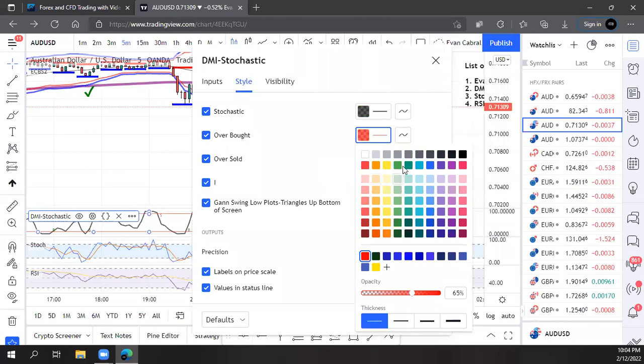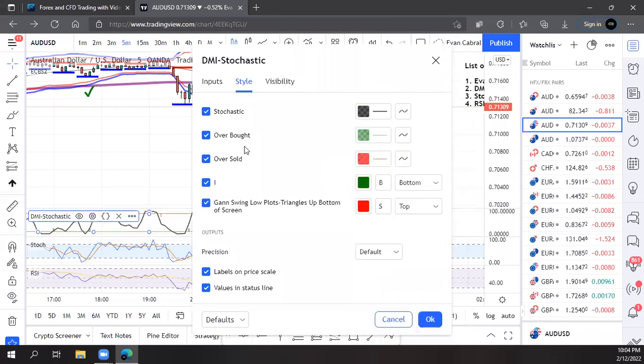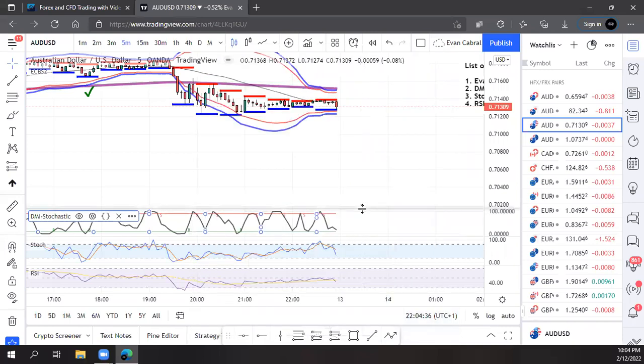Okay, you can just interchange the colors. Where you have the overbought, keep it as green. These colors should tally. Where you have your B as green, the overbought area should be green as well. Where you have the S as red, you should have the oversold set as red as well. After that, it should look something like this. This is what it's going to look like.